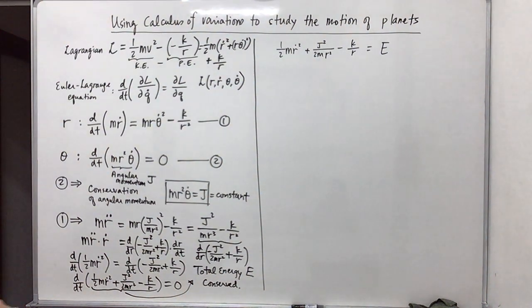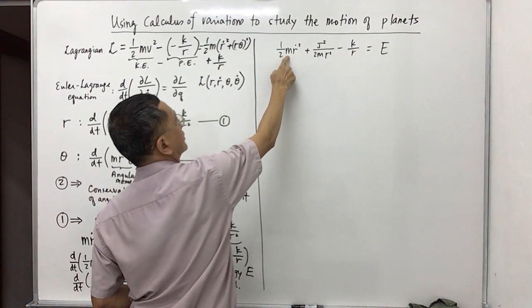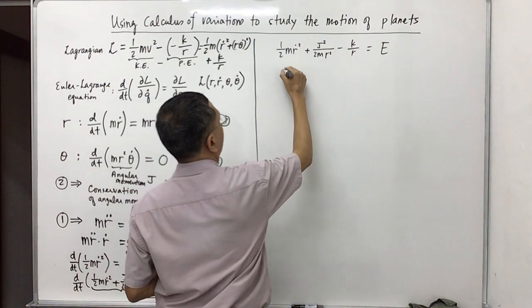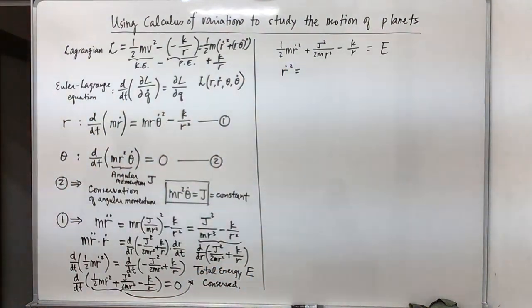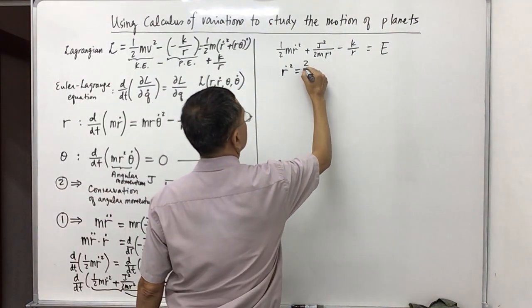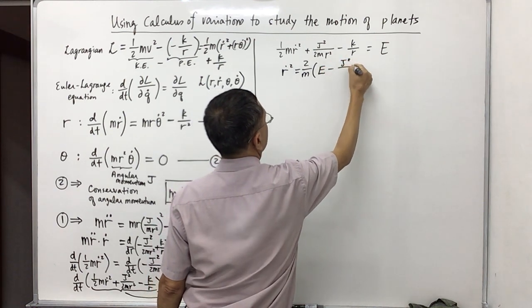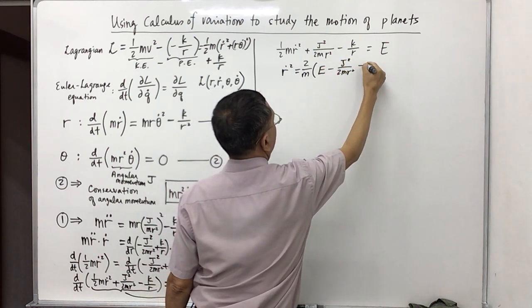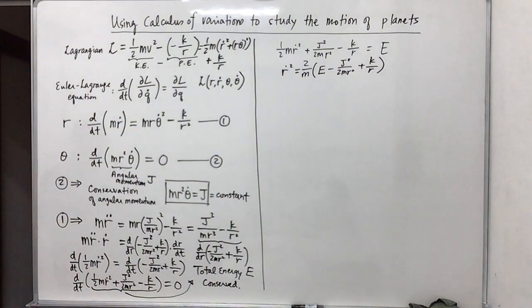So if we shift the rest over to the right hand side and divide both sides by m over 2, I will get my r dot squared. So let's work out 2 over m multiplied by E minus j squared over 2mr squared plus k over r. That's my r dot squared, making it the subject.